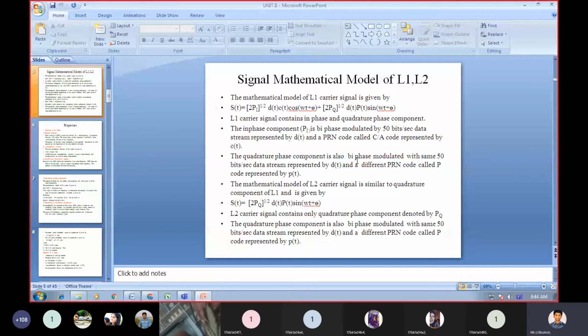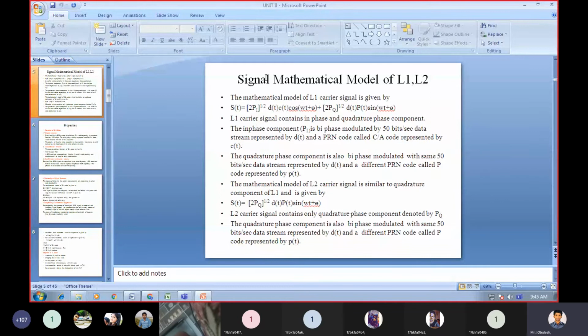Next point, the quadrature phase component is also biphase modulated with the same 50 bits per second data stream represented by D of t, and a different pseudo random noise code called P code, represented by P of t.